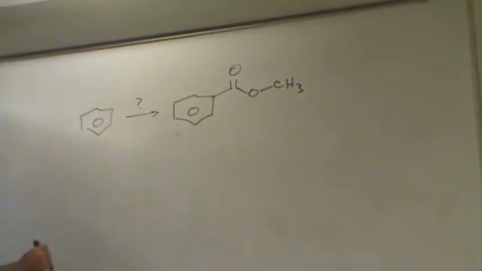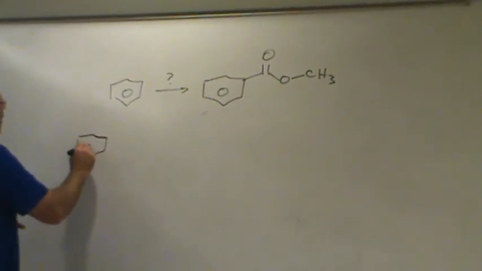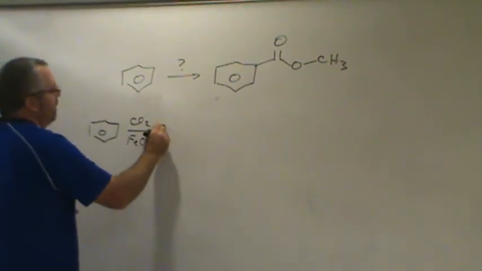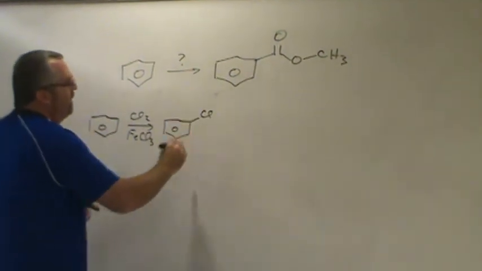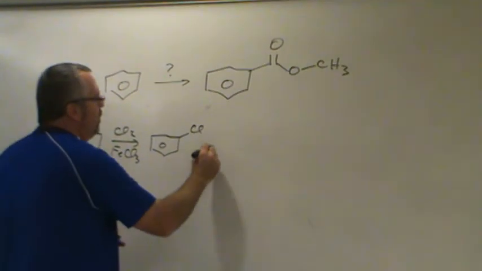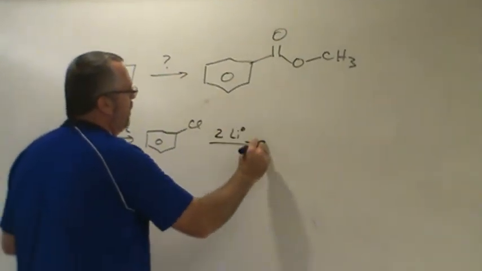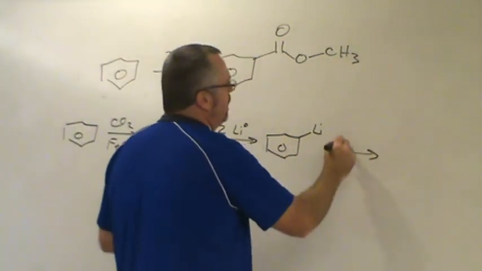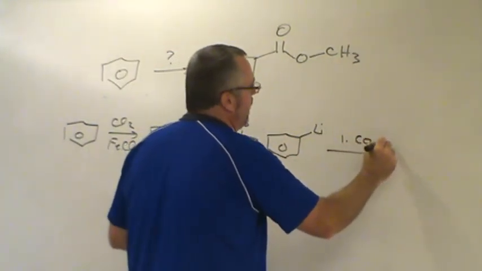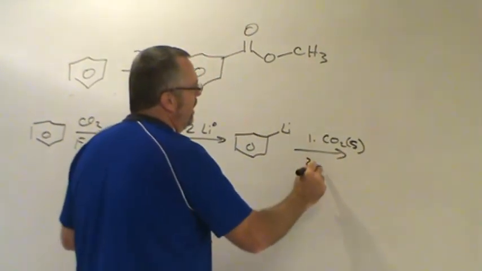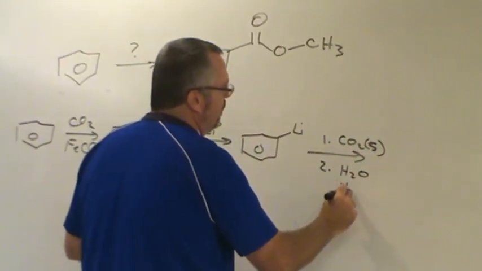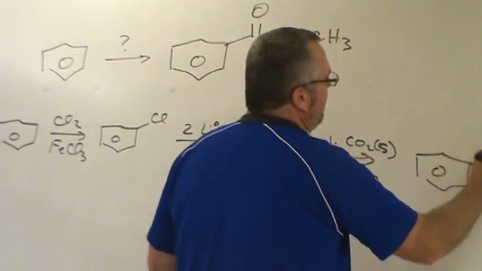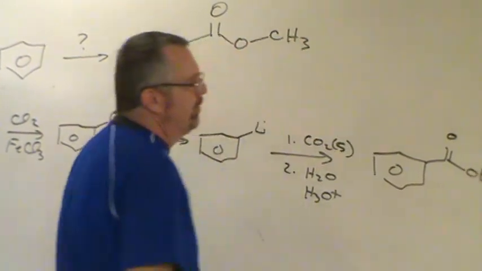If we start with benzene, we could chlorinate in the standard way to produce chlorobenzene, which then could be converted into the corresponding organolithium, which in turn could be converted into the corresponding carboxylic acid via reaction with dry ice in the first step and H3O+ in the second step, and that carboxylic acid is in fact benzoic acid.